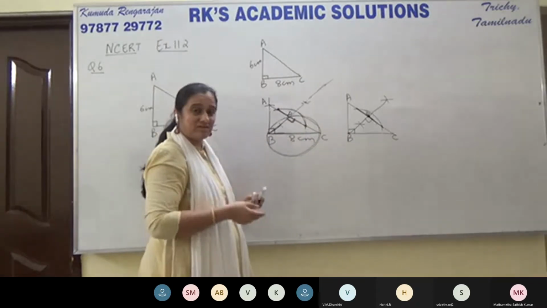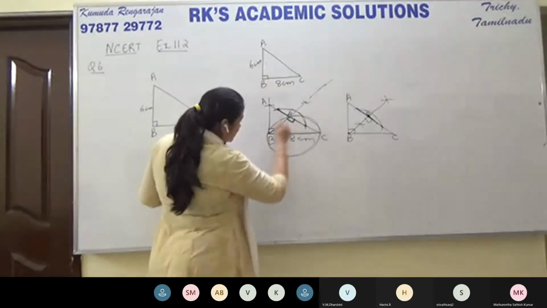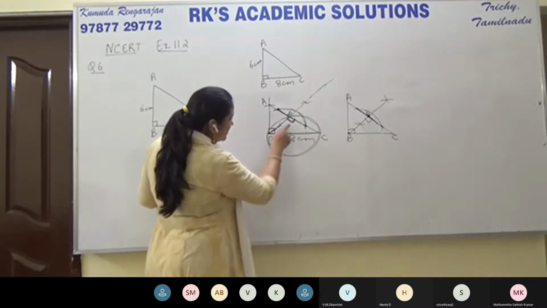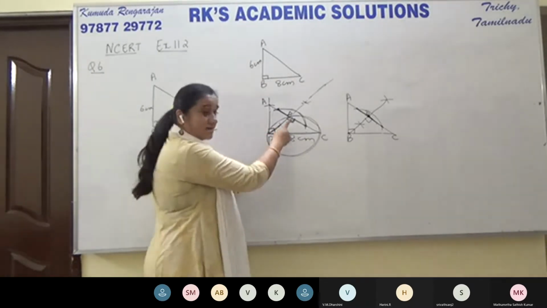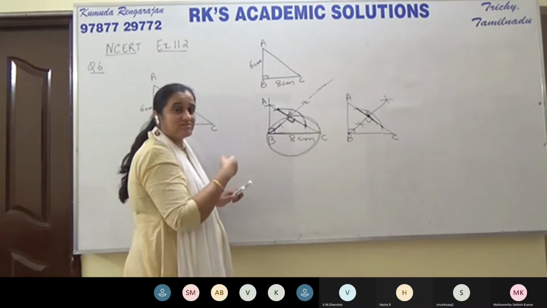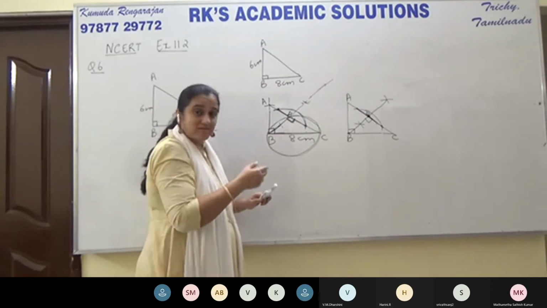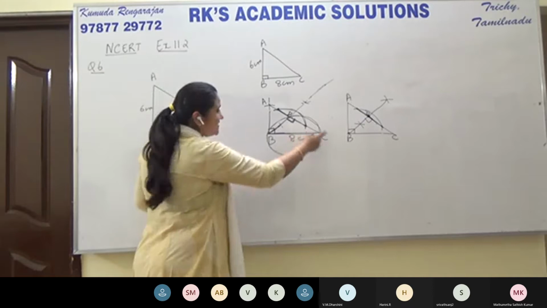How do we know that BC is the diameter? Because when you draw a circle like this passing through B, C, and D, you can see this angle of 90 degrees here. The angle in a semicircle is a right angle. Semicircle, that means who is the diameter? BC is the diameter.